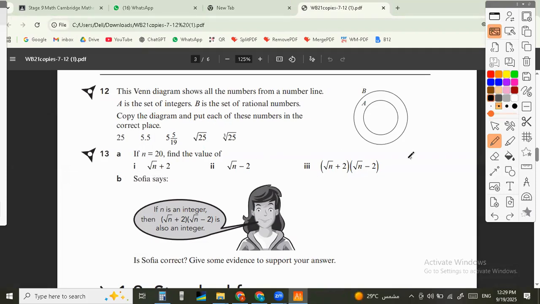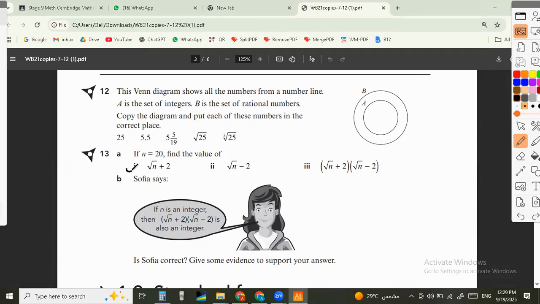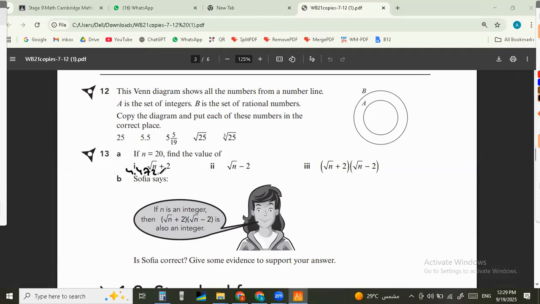So let's say here 4.472, three dots, plus 2. What is it going to be? This is going to be 6. So the first one is 6.472, the three dots.